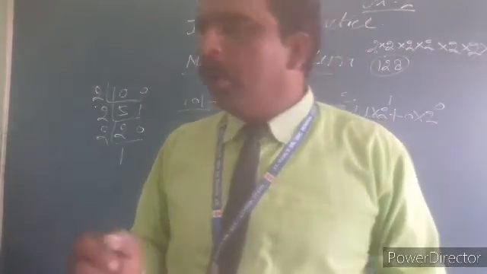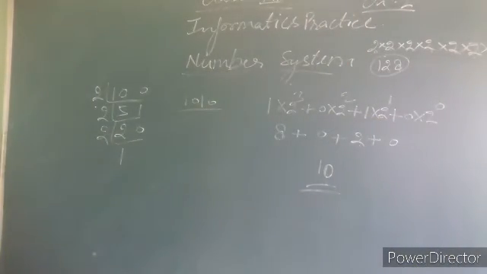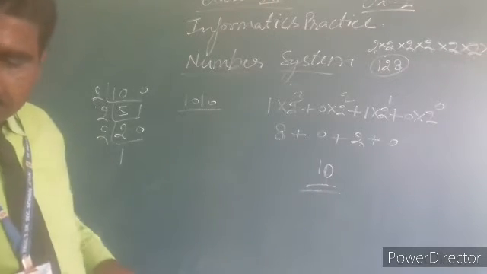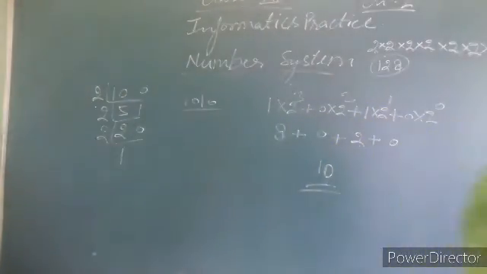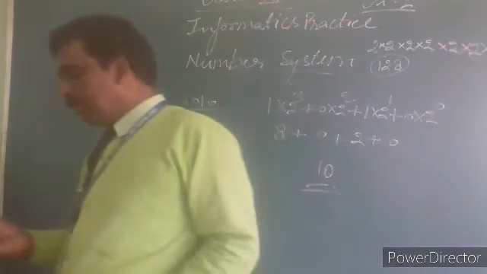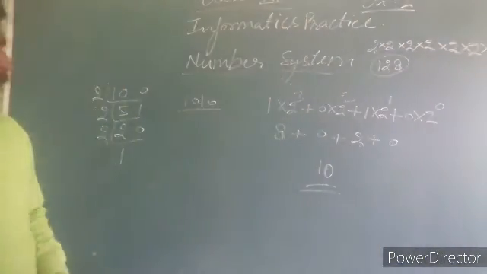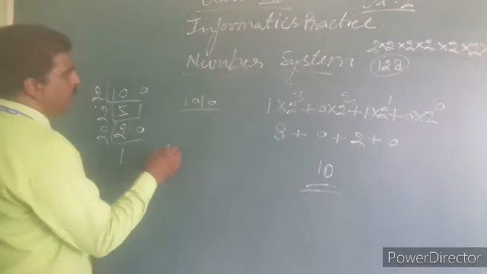Actually, I am going to tell you the other numbers also. The topic is the number system. In these numbers, one number is hexa number and one is octal number, and another number, as you know, is decimal number or binary number.